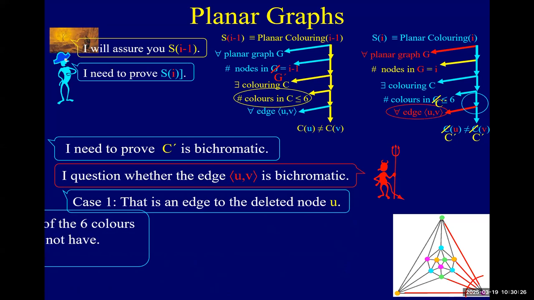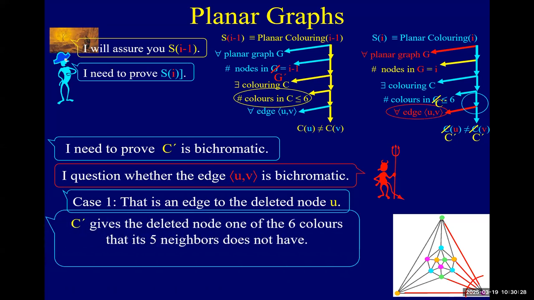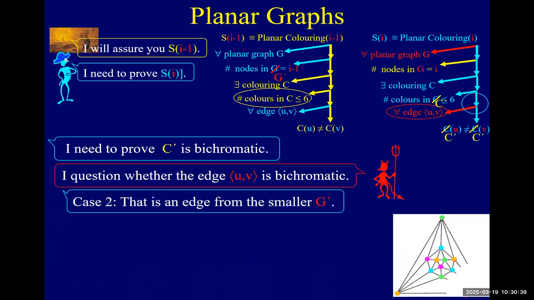And then I say, well, I made sure that the deleted node didn't have the same color as one of those nodes. So yes, these edges are bichromatic. Then case 2, the edge is from the smaller graph.